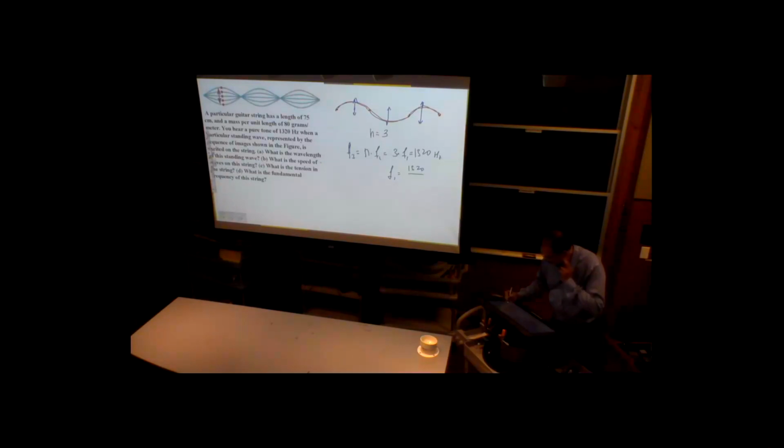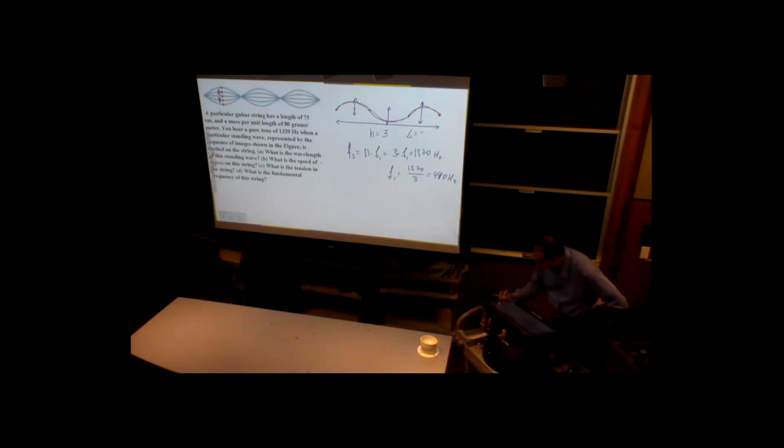1320 over 3. No, 440. Well, we can calculate what? Wavelength. Wavelength comes from the picture and from the fact that the length of the whole string is equal to 75 centimeters.